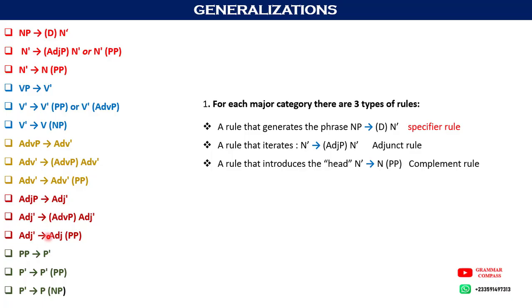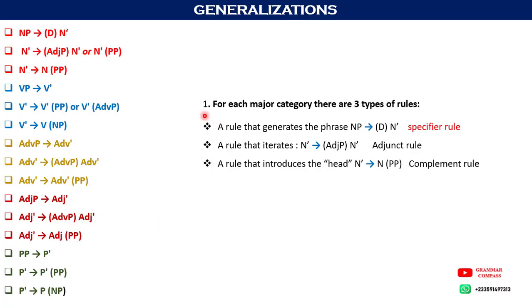And in the adjective phrase, the complement rule introduces the adjective head, which can be qualified by an optional prepositional phrase. And in the prepositional phrase, the complement rule is the last rule that we have here, which introduces the head. So this stops the recursion of the adjunct rule.